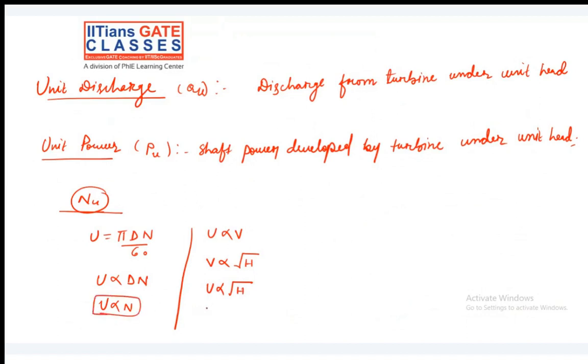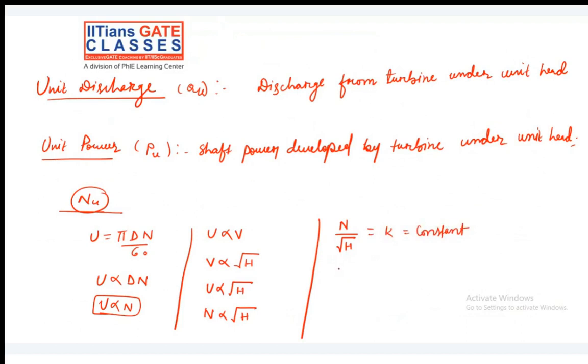So can I say now that N is directly proportional to the square root of H? So can I say now that N upon root over H will be some constant? Yes.